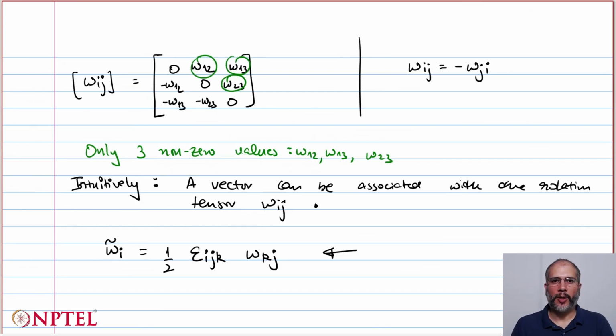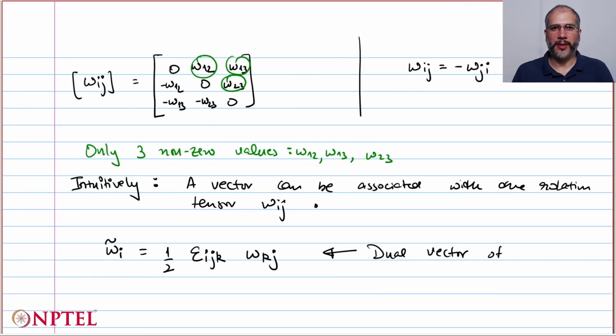So this idea of a vector being associated with a skew-symmetric tensor is called a dual vector of the skew-symmetric tensor. In this case, that's omega_ij. So we can see that rotation, which was described by a second order tensor, although a skew-symmetric one, can now be described with a vector. So this is giving us a hint that rotations are vectors, which we already know, by the way, but this is discussing that through a new perspective.